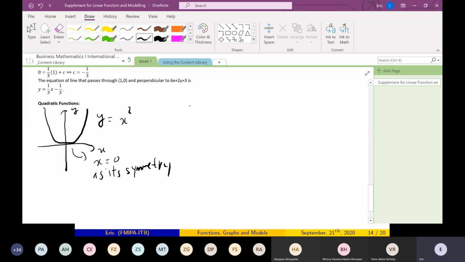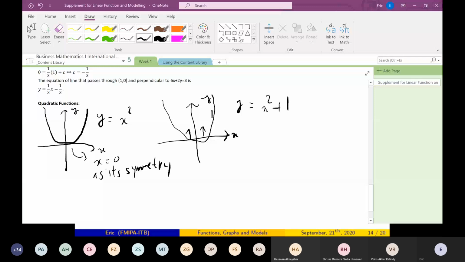What about y equals x squared plus 1? So all of this point is raised by 1 point. So you have this.